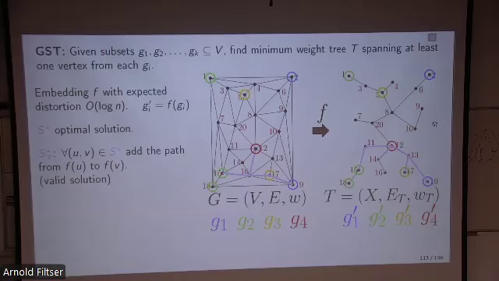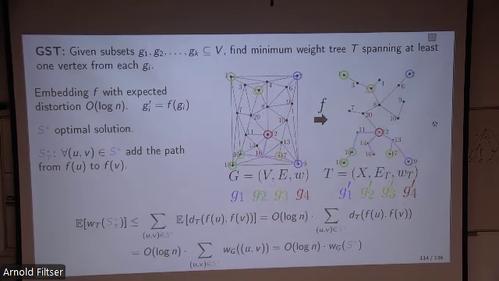What can I say about the weight of this image, S star T? I can say that the expected weight of S star T is at most the sum of expected weights of the paths I added. Note that here, many of the paths overlapped, and for each such overlap I would pay only once.